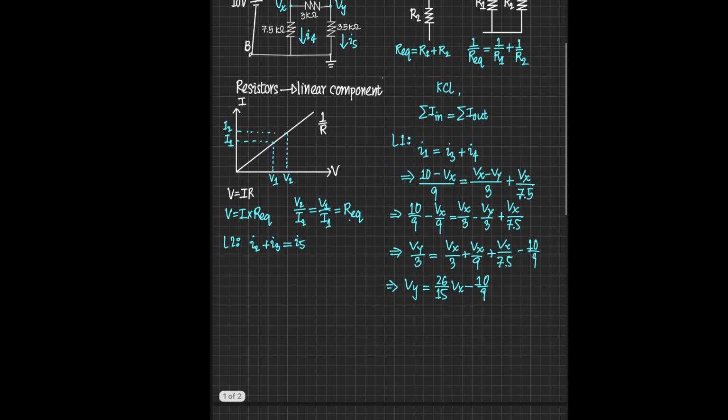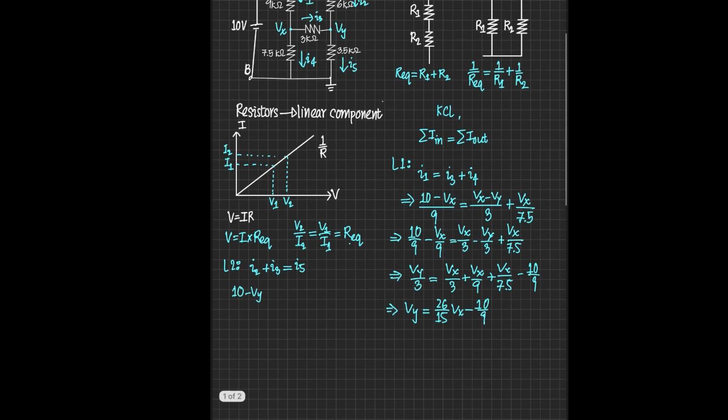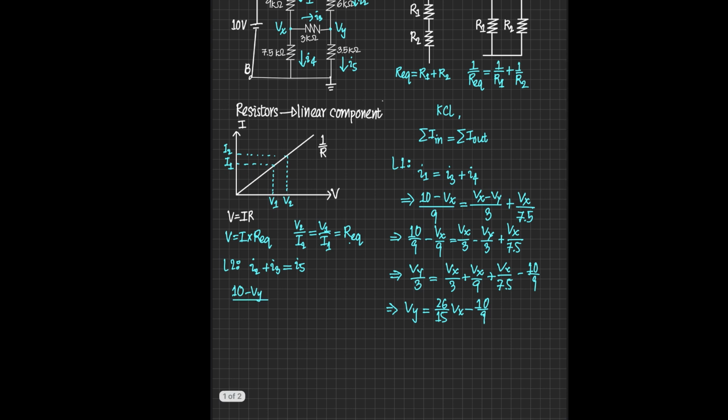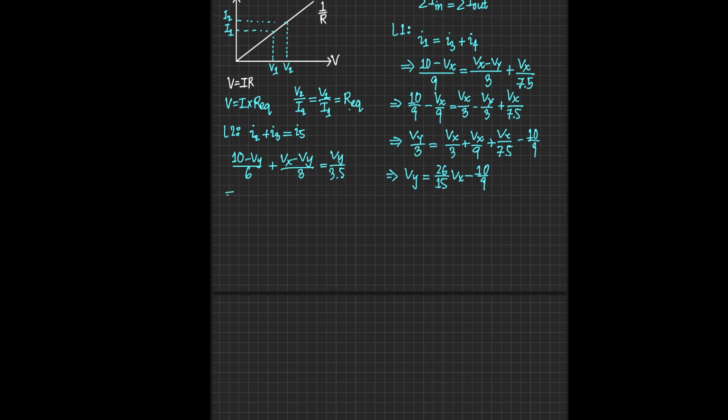I2 is 10 minus Vy by 6, plus I3, which is Vx minus Vy by 2, equals Vy by 3.5. Let's isolate Vx and Vy.